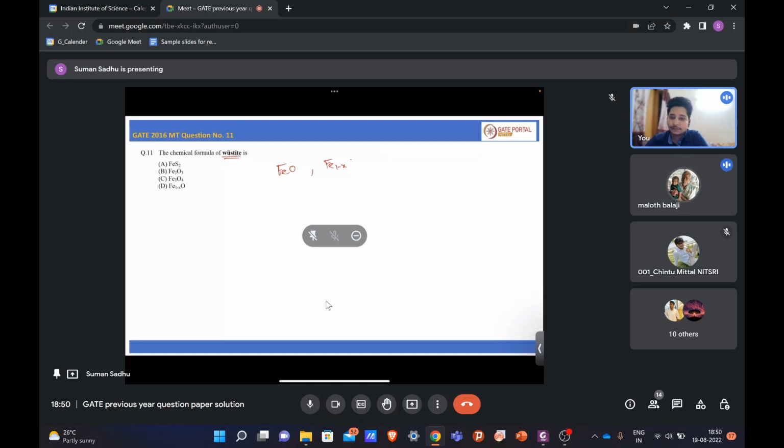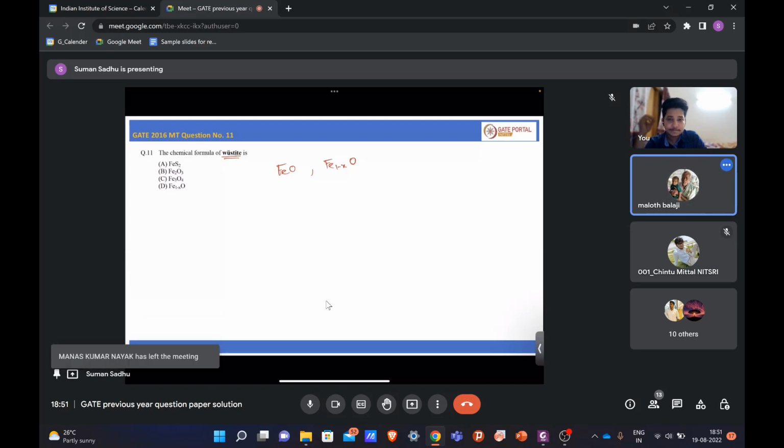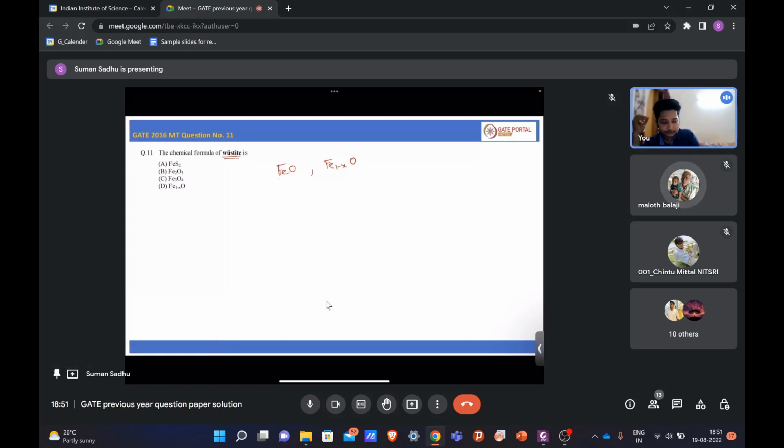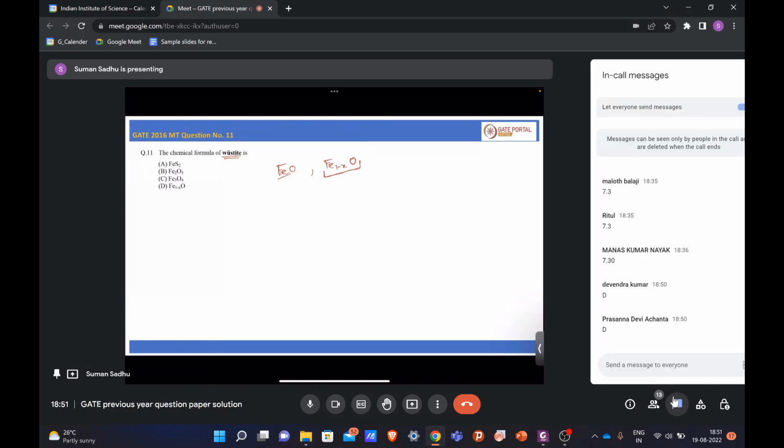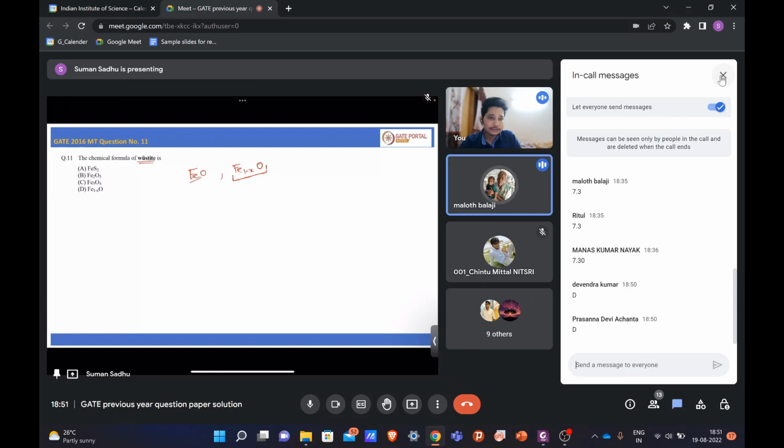Yes, the actual chemical formula of Wustite is Fe1 minus XO. So you people got the right answer. But my question is why it is Fe1 minus XO.